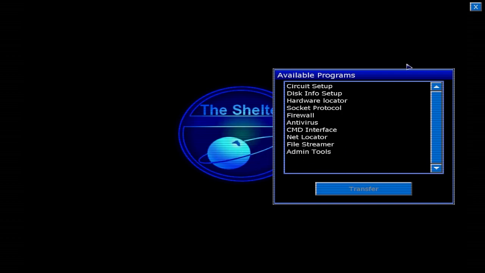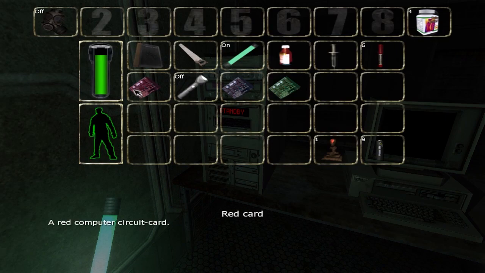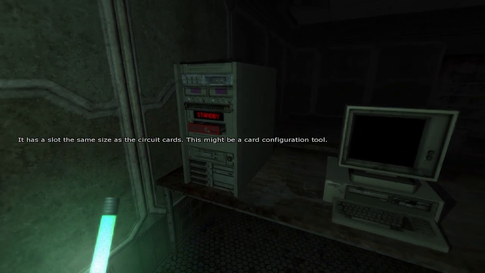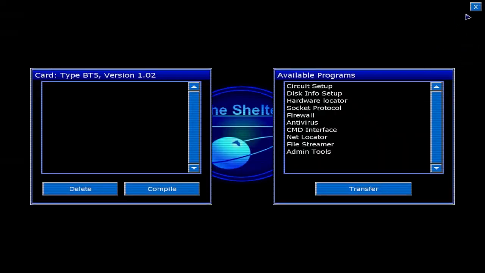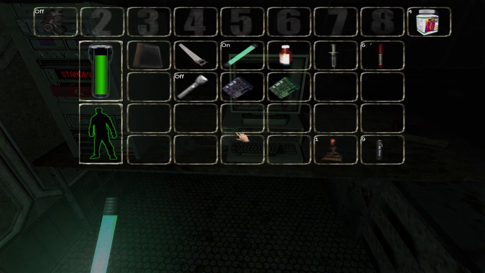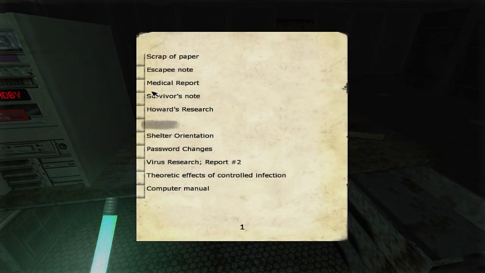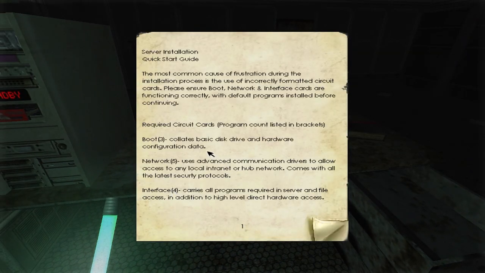Ah, here we go. This is the one. Okay, so let's put the boot drive in first. Okay, boot drive requires... wasn't that computer powered? This one is. Okay, so boot drive needs basic disk drive and hardware configuration data.